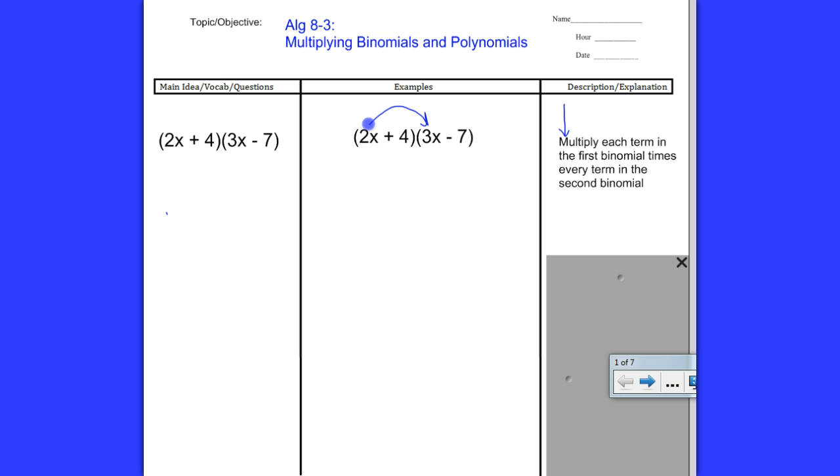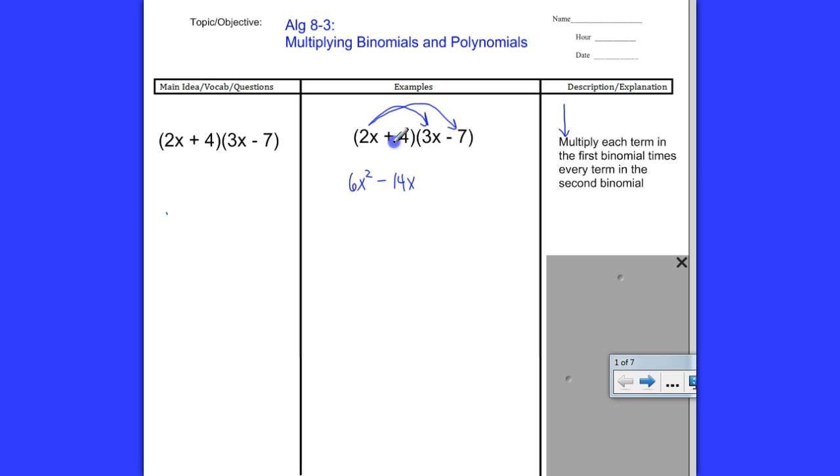So the first thing I'm going to do is multiply 2x times 3x, and that would give me 6x squared. So we want to write that down underneath the problem. And then we're also going to multiply this term times the last term, the minus 7, which is 2x times negative 7, which is minus 14x.